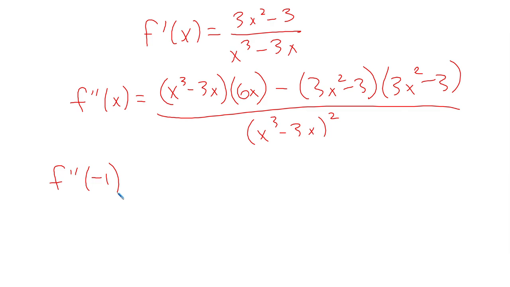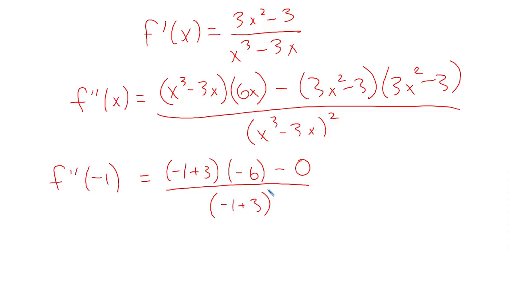So as we go ahead and do that, -1 cubed is -1, and then minus 3 times -1 would be a plus 3, and then we have times a -6, and then over here, -1 makes 3x squared minus 3 equals 0, so that's just a 0 over there. In the denominator, it doesn't really matter what this value is, because I know when I square it, it's going to be positive.